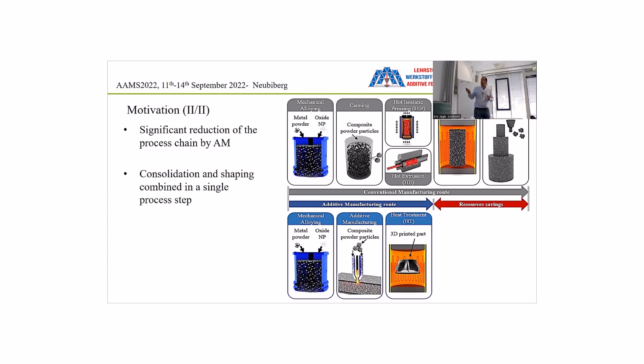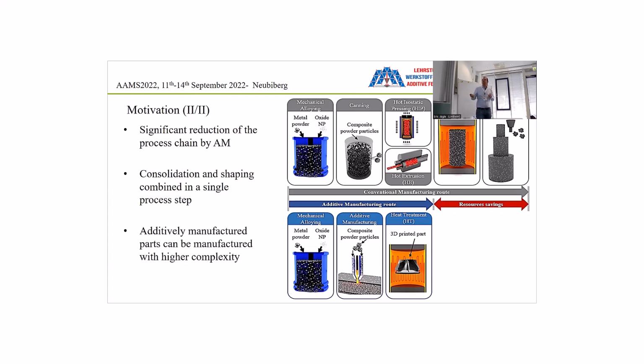Moreover, we can also combine the consolidation step and the shaping. The final part we can produce directly near net shape. So there are two very attractive advantages which additive manufacturing could bring to this alloy class.